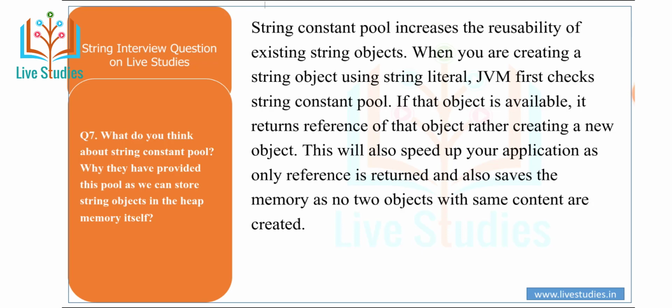If that object is available, it returns the reference of that object rather than creating a new object. This also speeds up your application as only a reference is returned, and saves memory as no two objects with the same content are created.